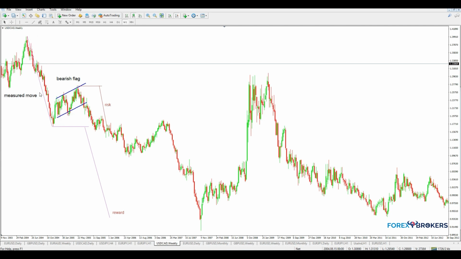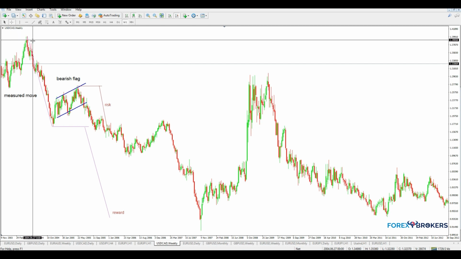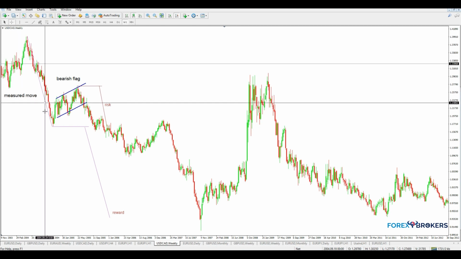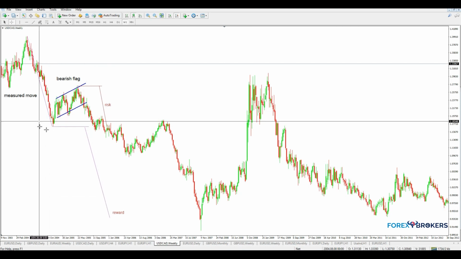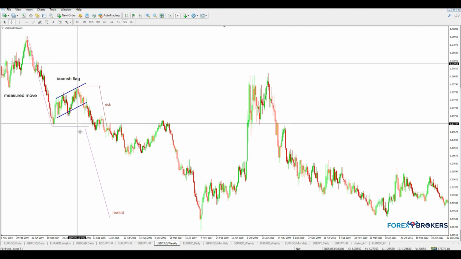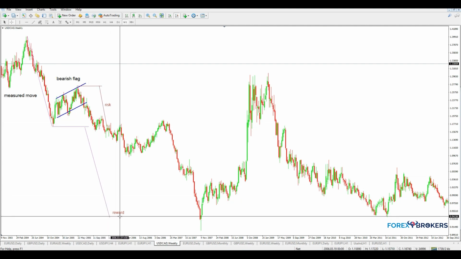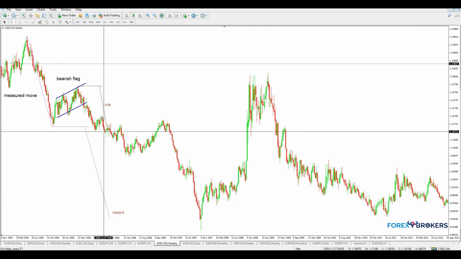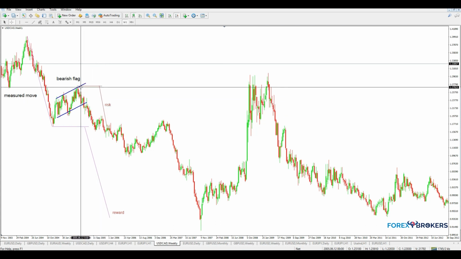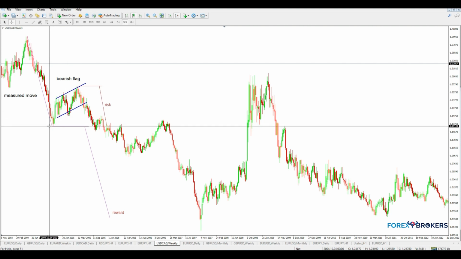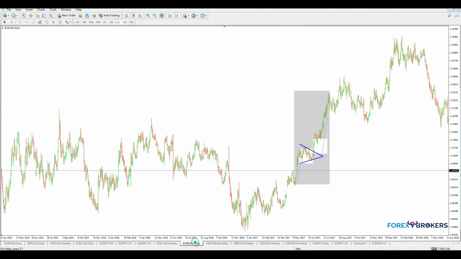The measure move of a bearish flag, or a bullish flag as a matter of fact, is the length of the pole projected from the downside, from its minimum point all the way to here. So that's the measure move of a bearish flag, with the risk being the distance from the highest point in the bearish flag till its starting point.